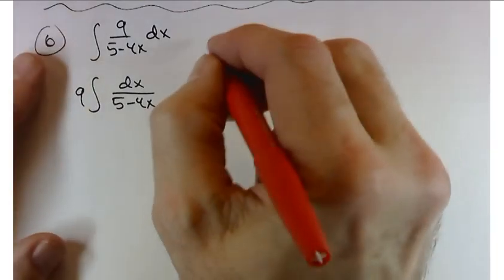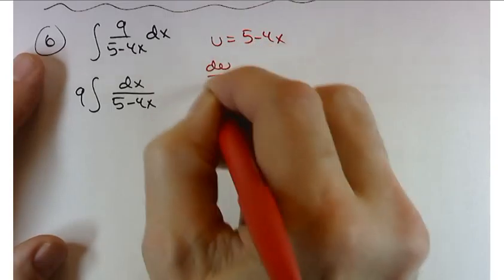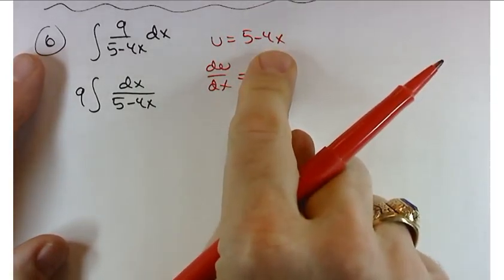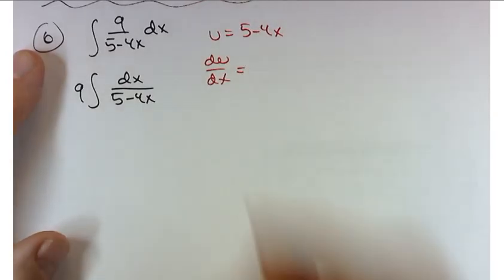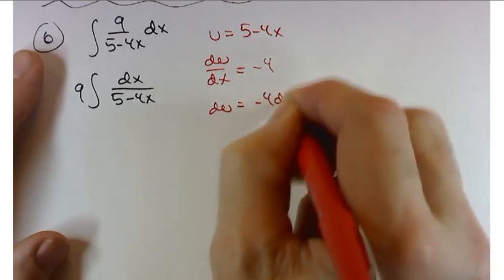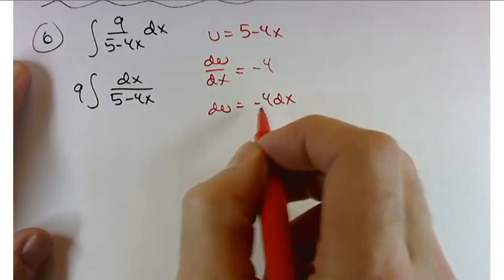All right, so let's let u equal 5 minus 4x. And I'll do it the long way one more time. What's the derivative of this with respect to x? Negative 4. So du equals negative 4 dx. Multiply both sides by the reciprocal of that.